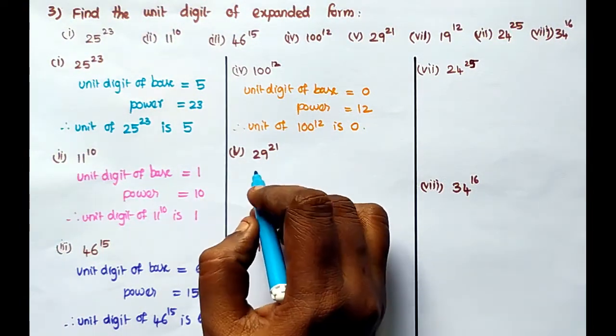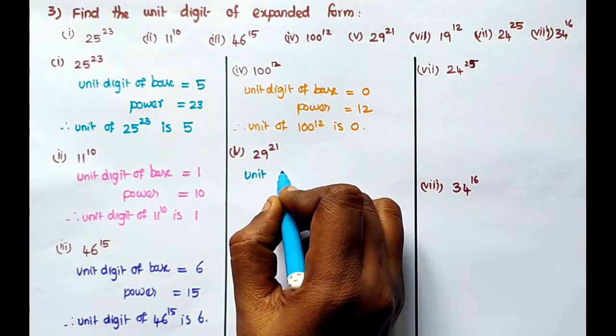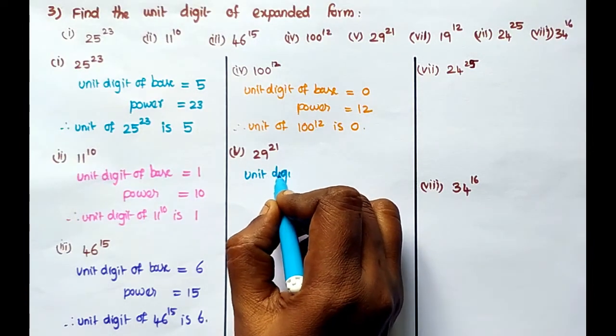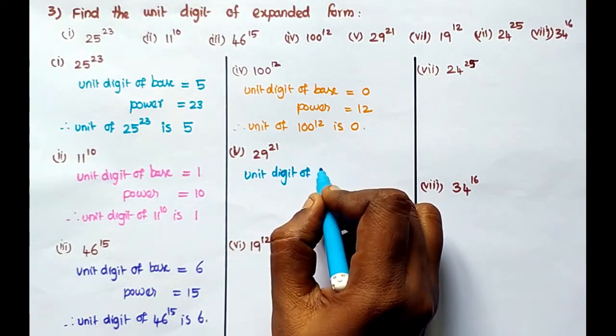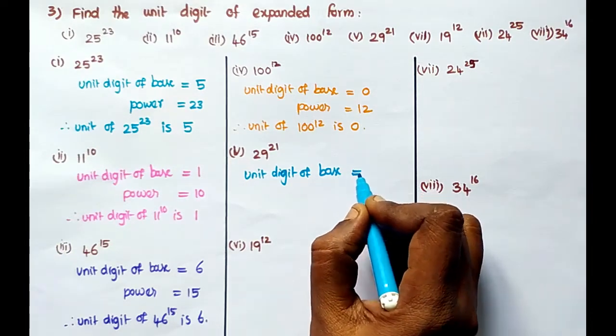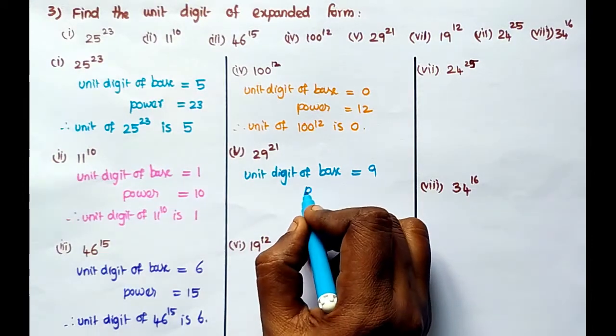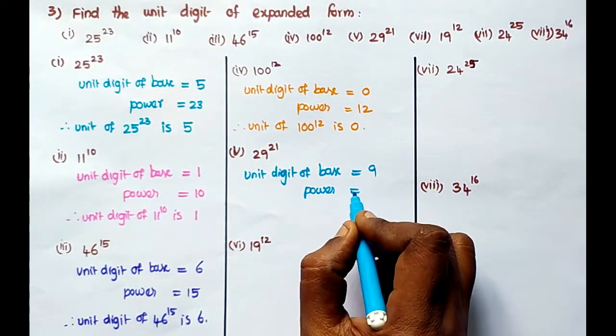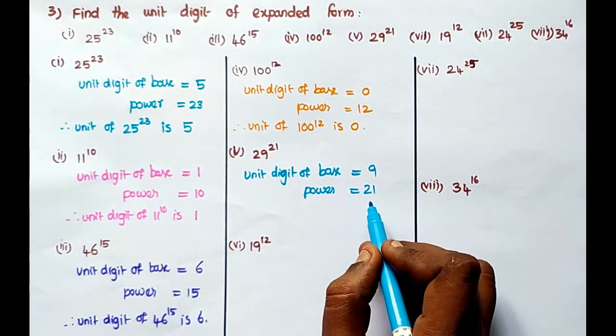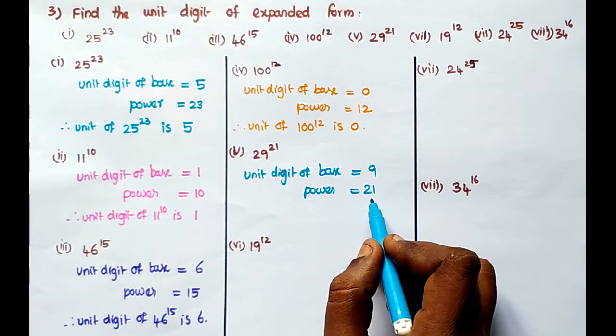Next one, 29 power 21. Listen, unit digit of base. What is the base here? 29. Its unit digit is 9. Power is 21, it is an odd number.